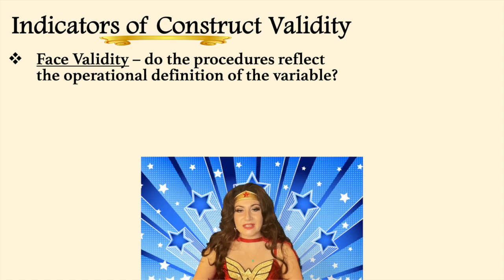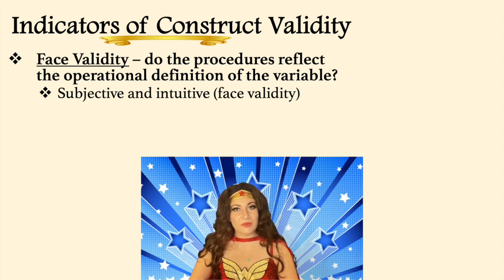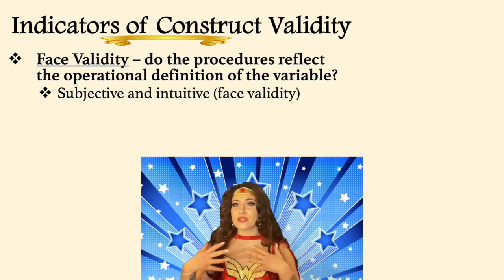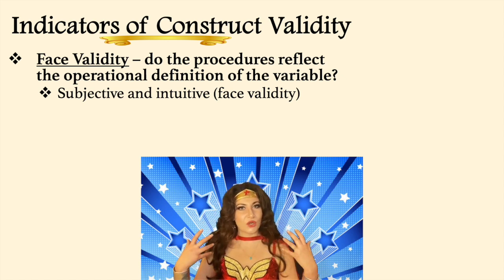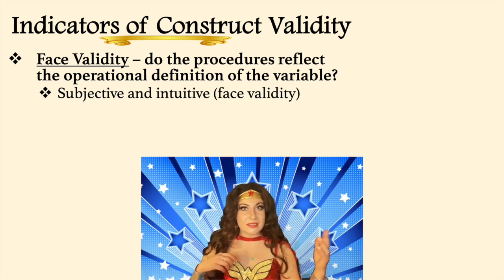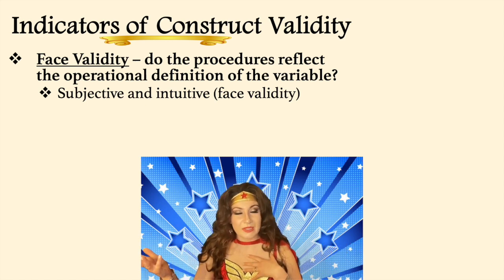So again, face validity is subjective and intuitive, in meaning that if you, for example, are trying to operationally define the word aggression, everyone has their own perception and their own subjective definition of what the word aggression means. To some people, saying something rude is not aggressive, but punching someone would be aggressive.